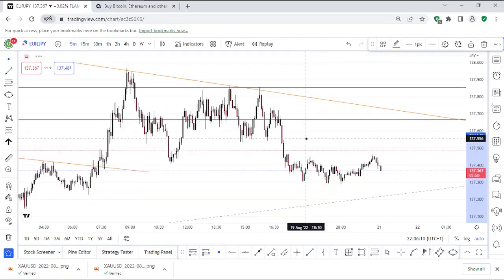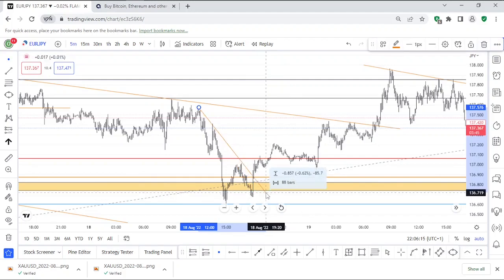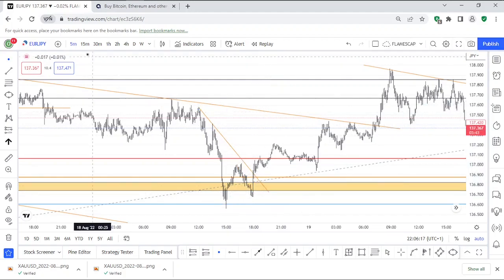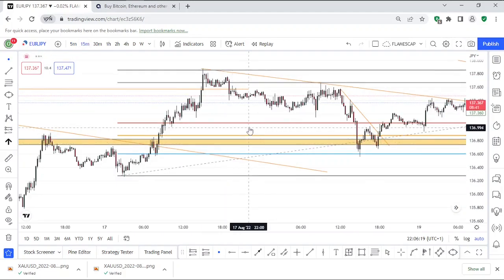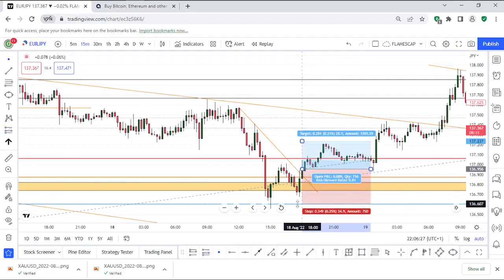Then you can go to the 5 minutes to get the swings very well, but I don't take trades on 5 minutes. I just get the swing and go back to my 15 minutes. And a break of it was when I entered the trade.